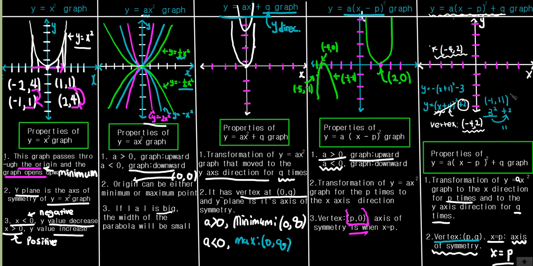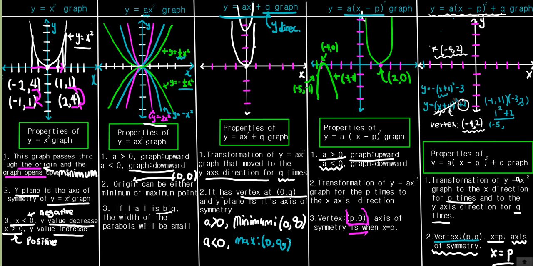Now let's think about the case when the x value is negative 3. When the x value is negative 3, negative 3 plus 4 is positive 1. Squared, plus 2 will turn into 3. So we can graph that. It is going to be right over here. And let's think about the case when the x value is negative 5.